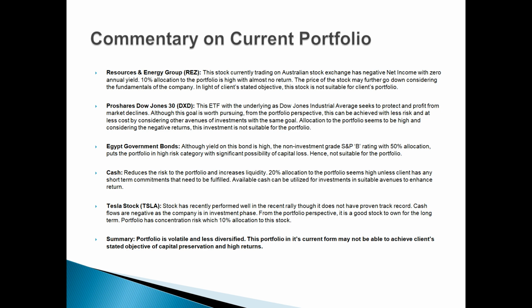The company is in its investment phase and may provide good returns in the future, but from the portfolio's perspective, there's a concentration of 10% on this stock and it may not be suitable for the client. So overall, in summary, the portfolio is volatile and less diversified. Considering the stated objective of the client, the portfolio in its current form may not be suitable for the client.